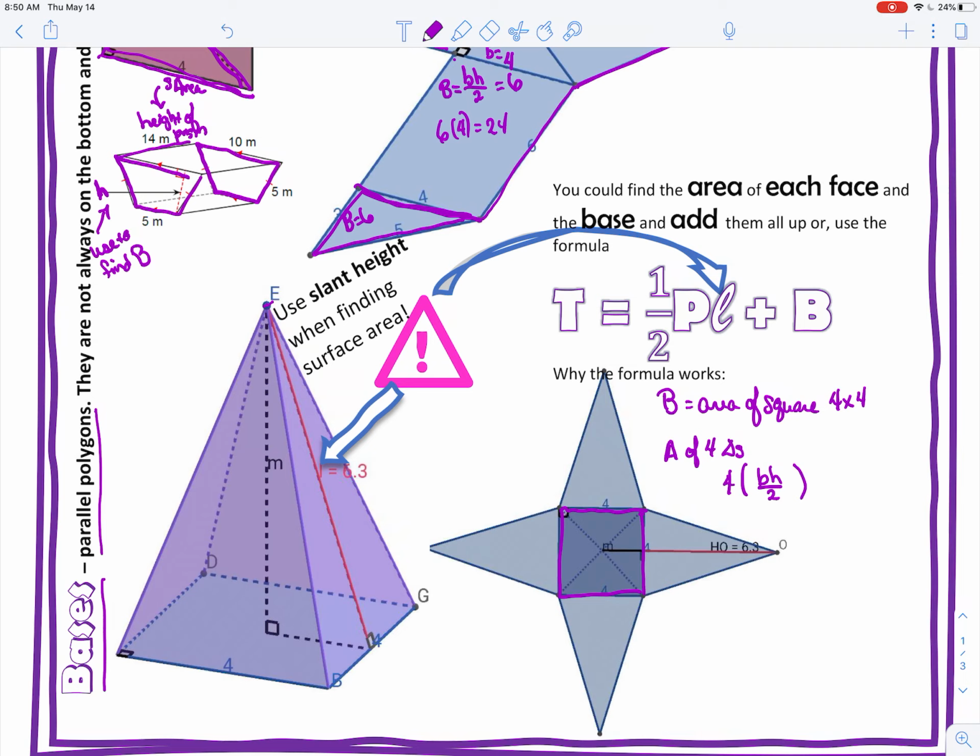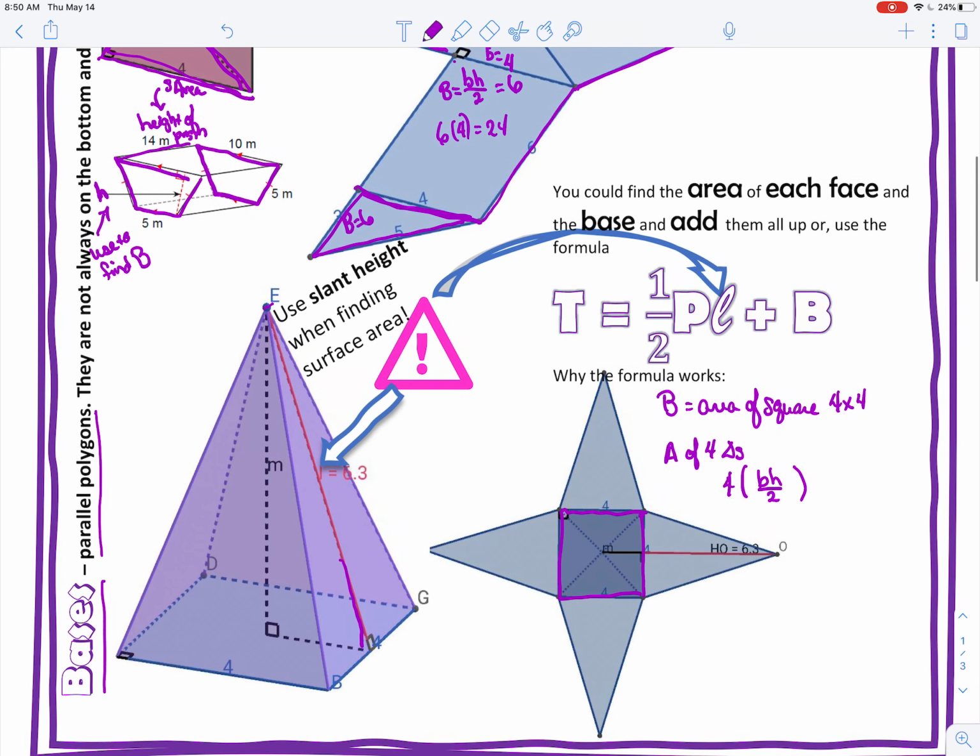And this is not the height of the pyramid now, this is the height of the triangle. And that height of that triangle ends up being the slant height of the pyramid. So this height of this triangle is 6.3. So we're taking our base of our triangle, 4, times 6.3, and we're dividing that by 2. And we need 4 of those because they're all identical, 4 congruent triangles.